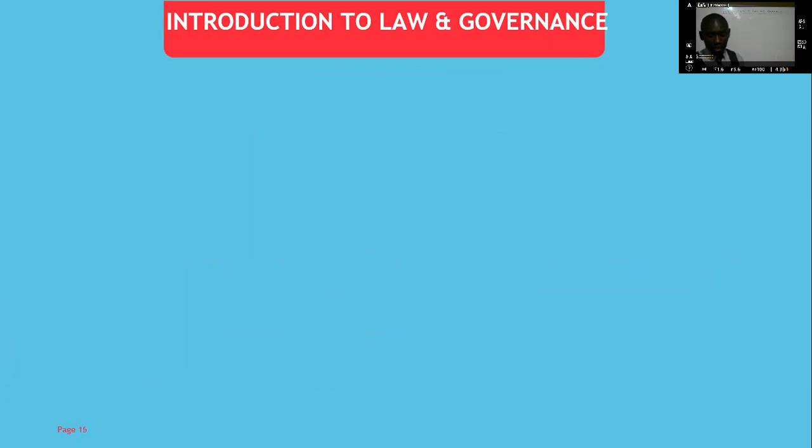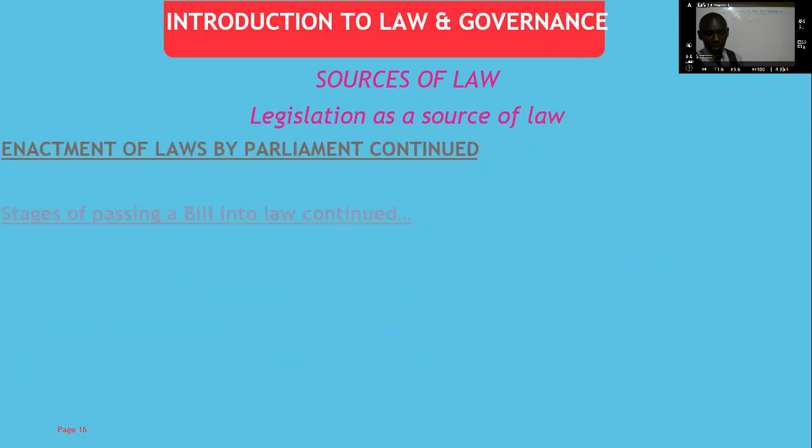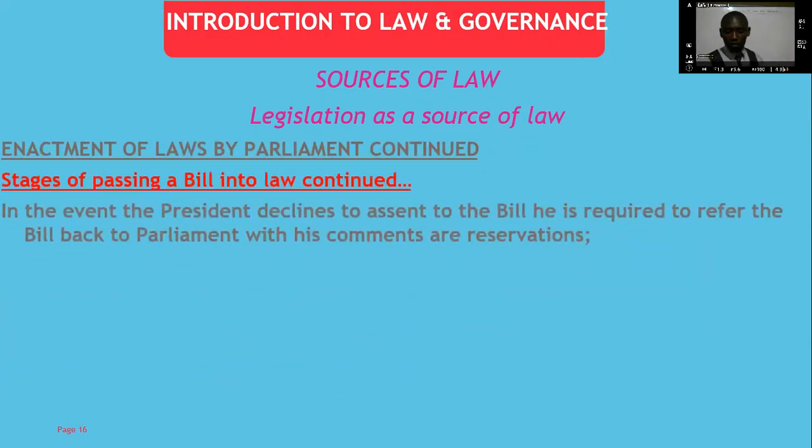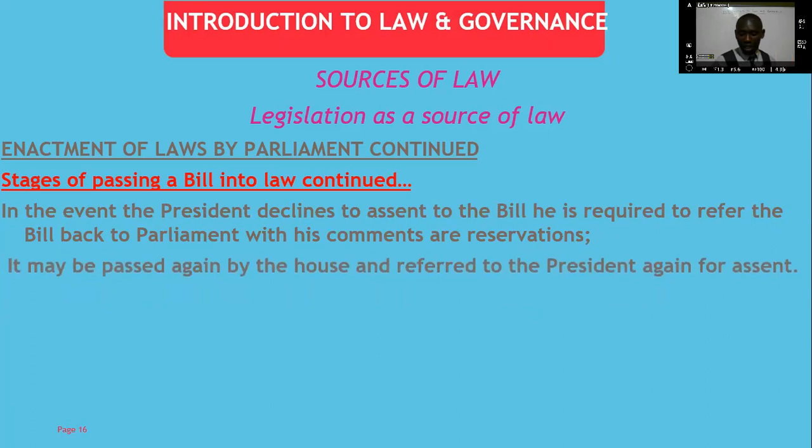If the President rejects the bill, the bill will be referred back to the House with his comments and his reservations. The House may pass it again without any changes, or having accommodated the President's recommendations.